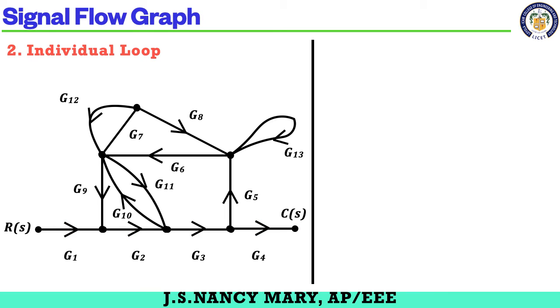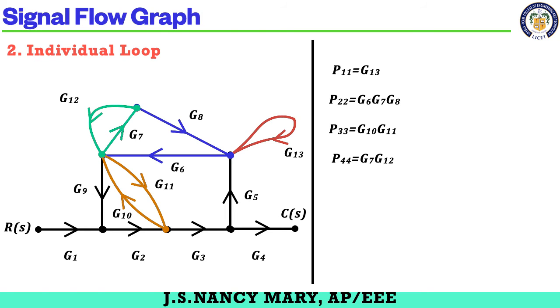Now I need to find out the individual loops. The individual loop G13, I'm marking it as P11. Now G7, G8, G6 is also one more loop. So G7, G6, G8. Then G10, G11. Then G12, G7.